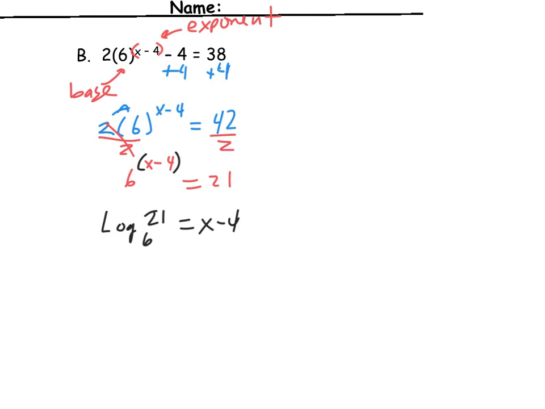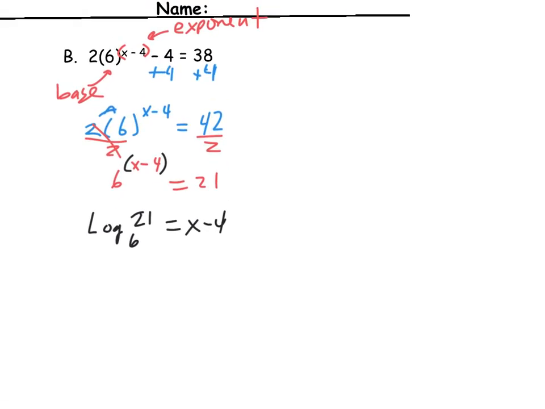So using Desmos again, I'm going to type in that log base button. So hit function, miscellaneous, and then there it is, log base A. That's my log base button. Hit 6 first for your base. You can arrow over a couple times and type in 21.